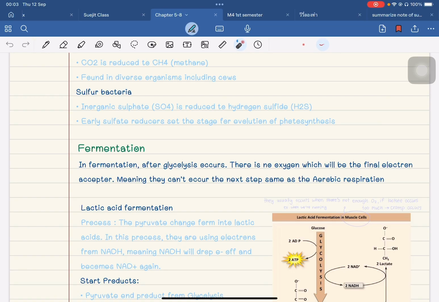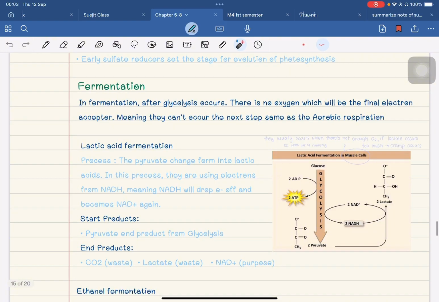Meaning that they can't do the next steps, like the pyruvate oxidation and the Krebs cycle, because they don't have oxygen, so there won't be any final electron acceptor. So they can't do it the same as aerobic respiration.